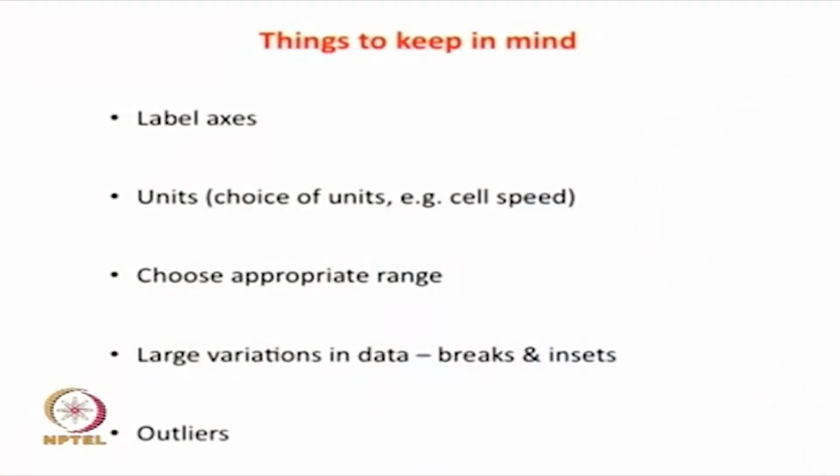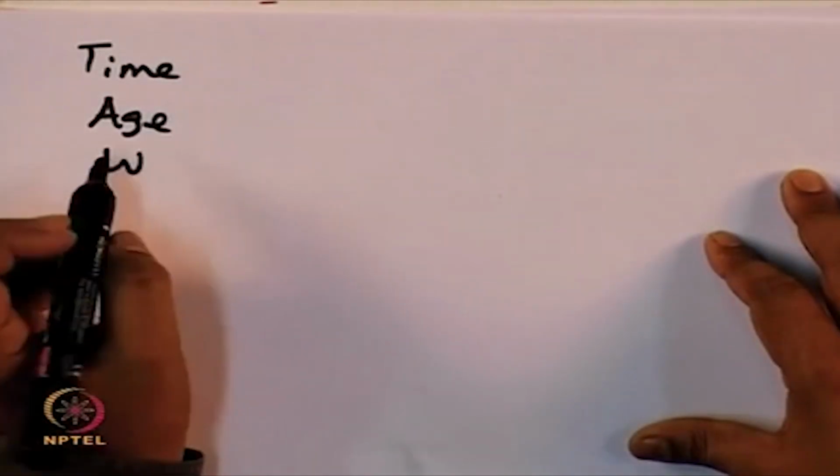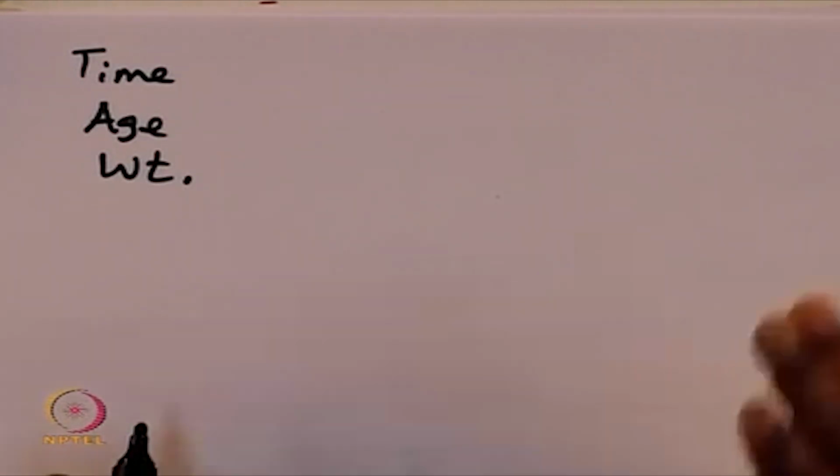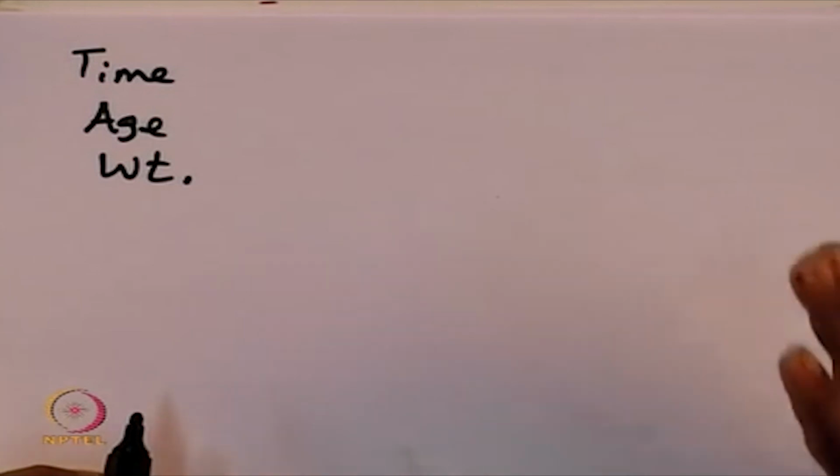Again, let us just say that I have 3 variables. Let us say I have 3 variables: time, age and weight. Okay. 3 variables, okay. And I want to understand, and I want to make a single plot of putting all of them together.